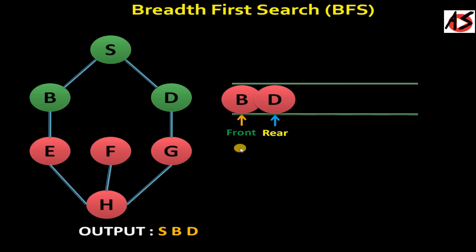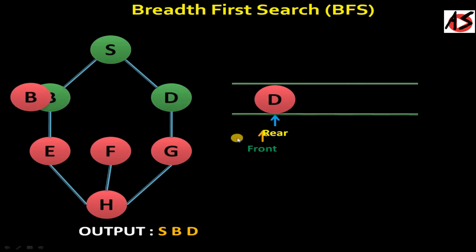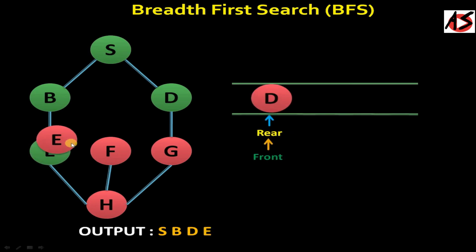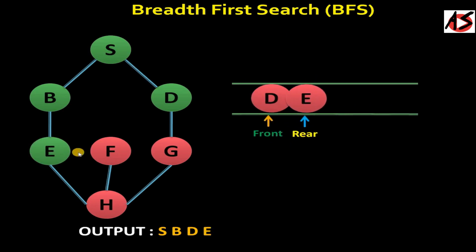Now again you delete the front node from the queue, that is B. Once you delete B, its adjacent nodes are S and E. S is already visited, so we insert E into the queue and mark E as visited.